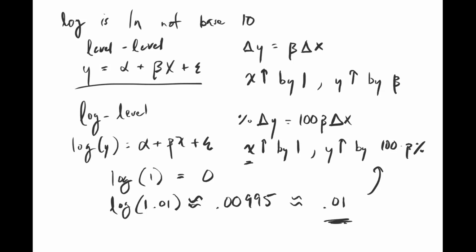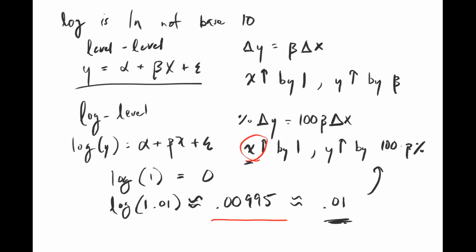But make sure that you understand that this type of interpretation is coming from a mathematical approximation. So this makes the most sense at the margin. If you're doing small changes in x, then it'll be fairly accurate.